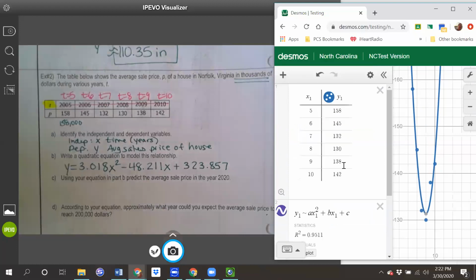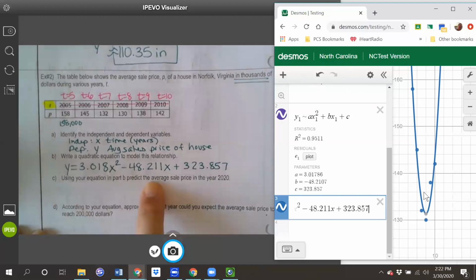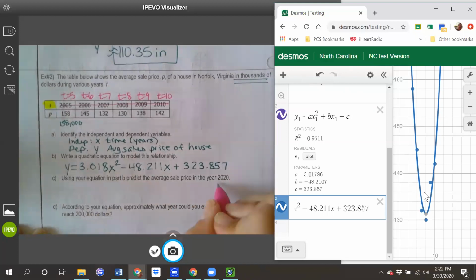All right, so this is my blue equation. Oh, I don't like that. It is blue, but oh well, here's my equation. And I want to know what is the average sales price in the year 2020. So remember, time 2020, that is our X value, and I'm not looking for 2020. I'm looking for a time value of 20, right?